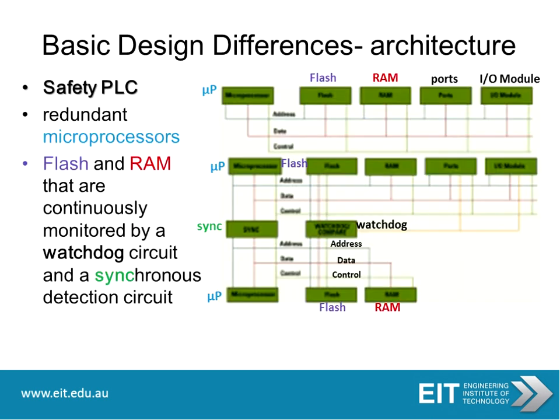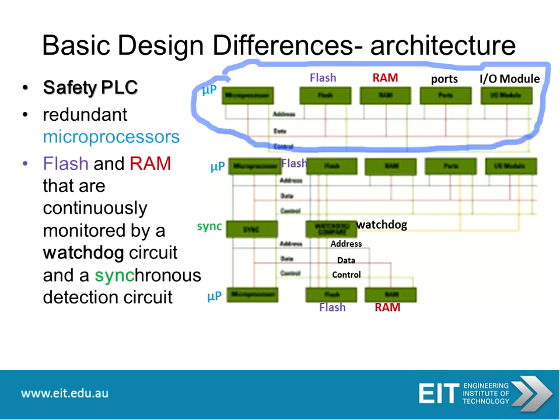Now, if we compare the normal PLC, which is in the picture that you see on top, there's the 1 microprocessor. We have the address, data, and control lines, and with this there's the flash, the RAM, the ports, and the input-output module. Compared to the bottom, where we have the safety PLC with redundant microprocessors.